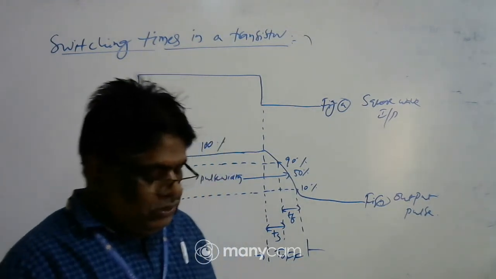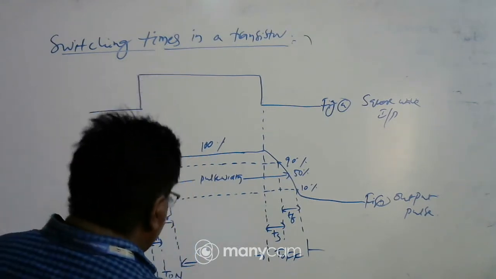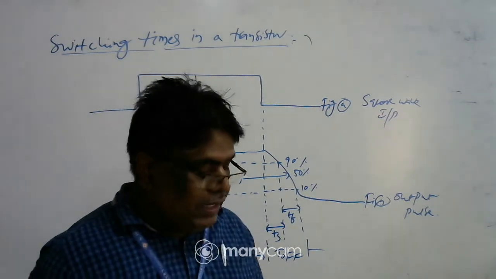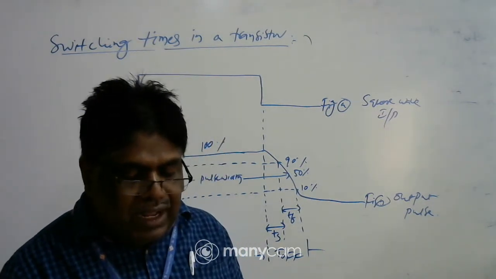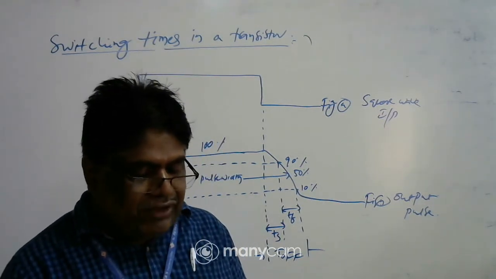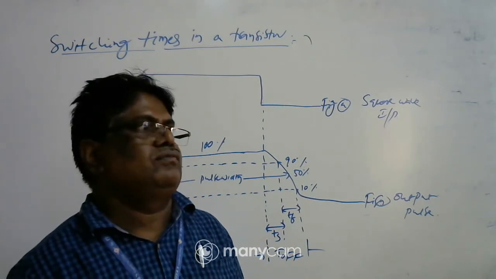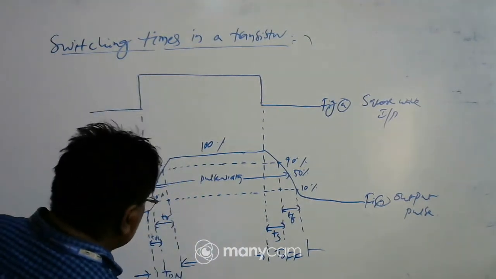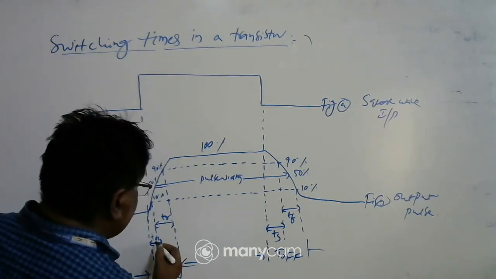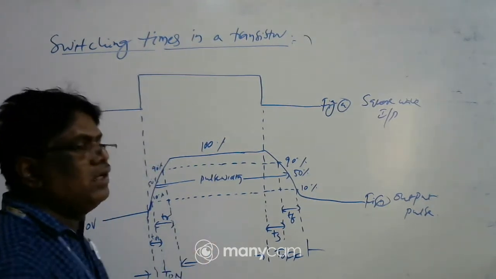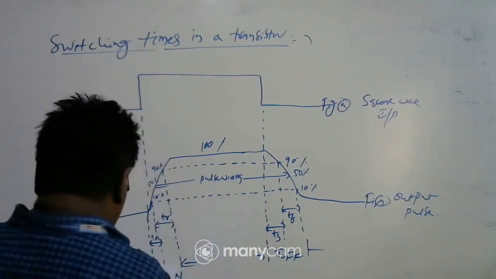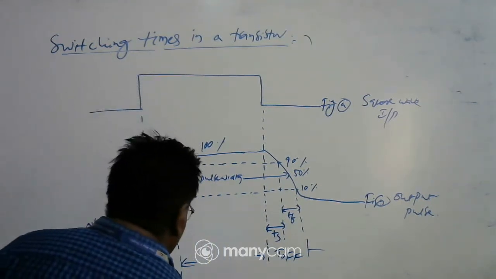Okay. So turn on time, T on. What is the T on? Transistor on. The sum of delay time and rise time is defined as turn on time. So T on is equal to TD, delay time, plus rise time.